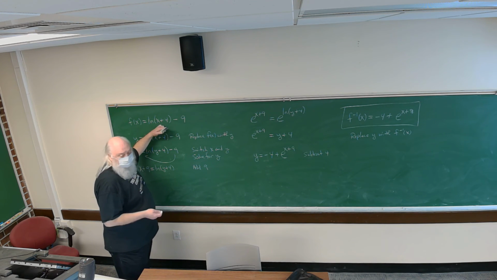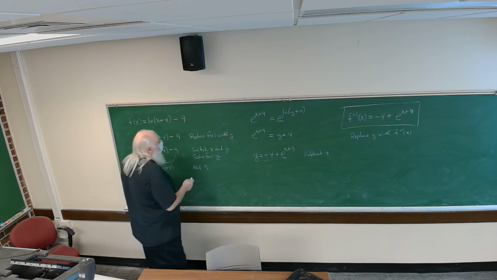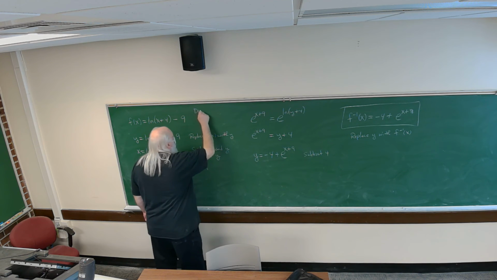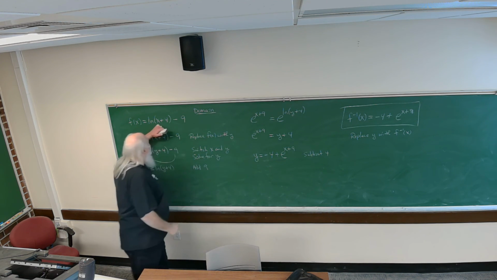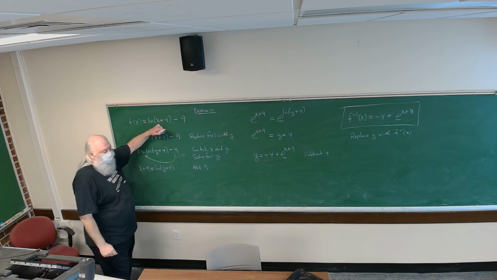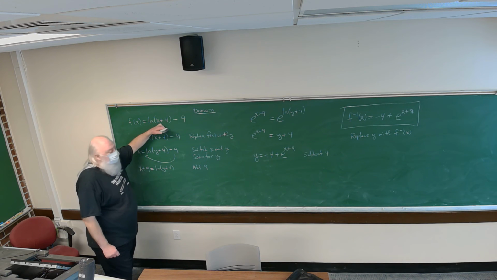And we know how to find the domain of this log function, right? The argument going into the natural log function has to be greater than 0. Right? You can't take the log of a negative number, and you can't take the log of 0. It has to be positive.